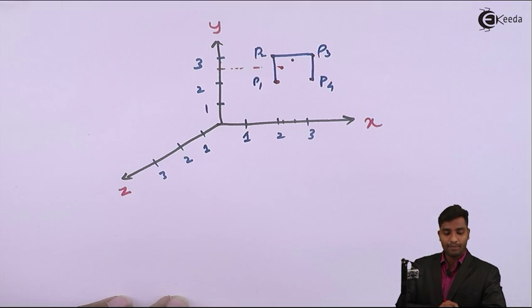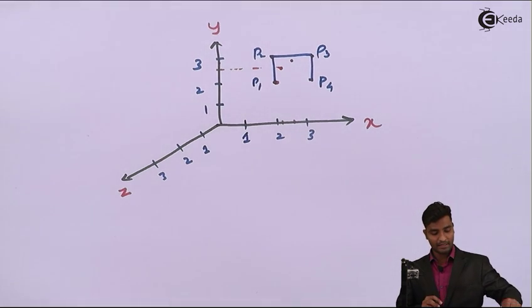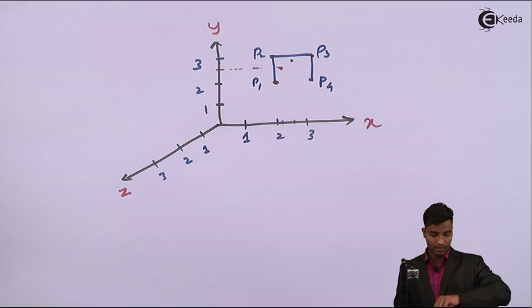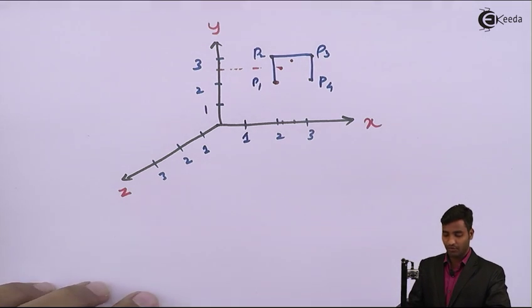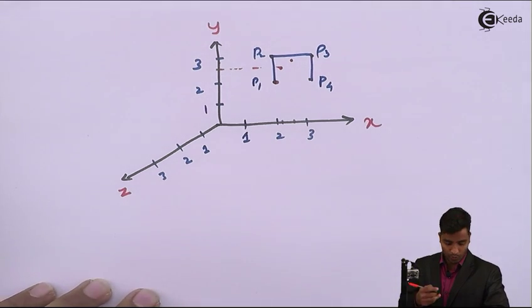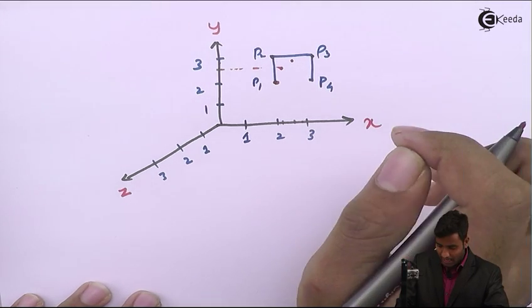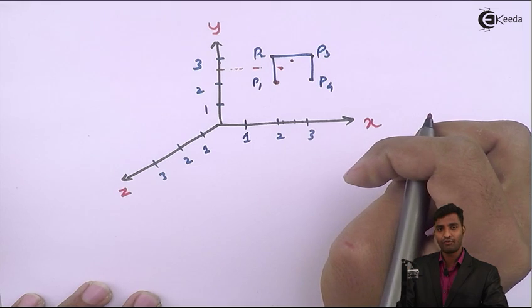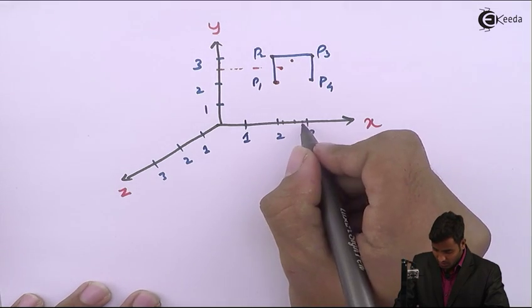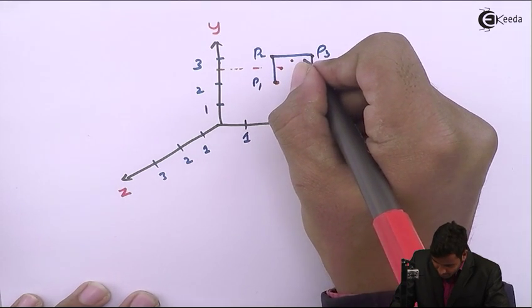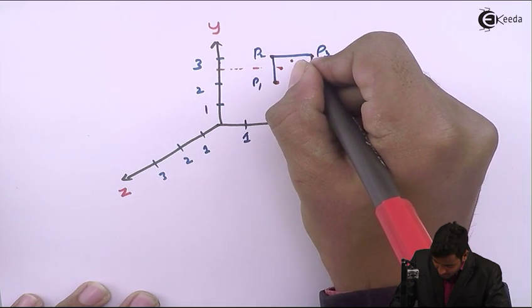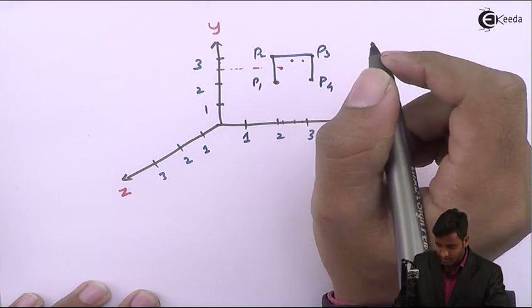Now the fourth pixel, that is u equal to 3 by 4. The value of x for u equal to 3 by 4 was 2.84. So 2.84 is here, and the value of y is 2.56. So on the same line, the point will meet here.